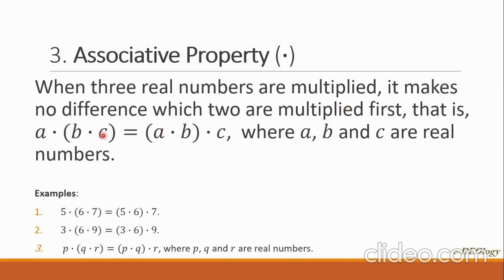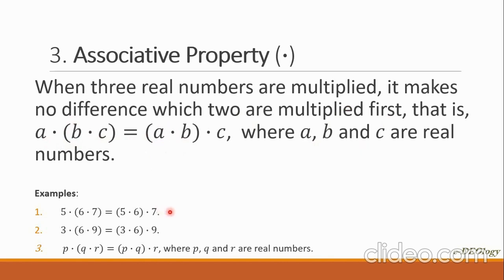Showing by equation, this is A multiplied by the group of B times C will be equal to the product of A times B first. After taking the product, we multiply to the C, where A, B, and C are all real numbers. So we have three examples here.